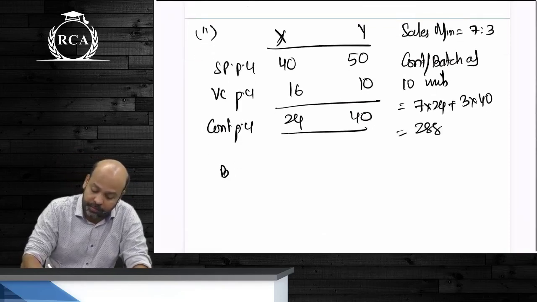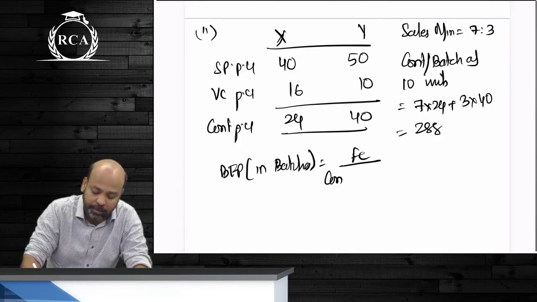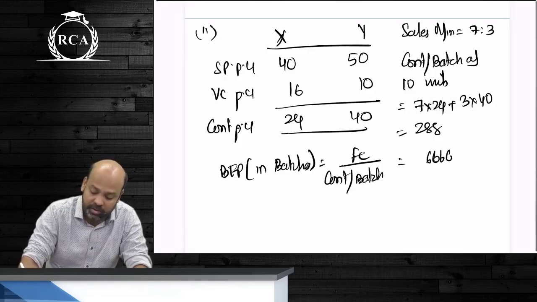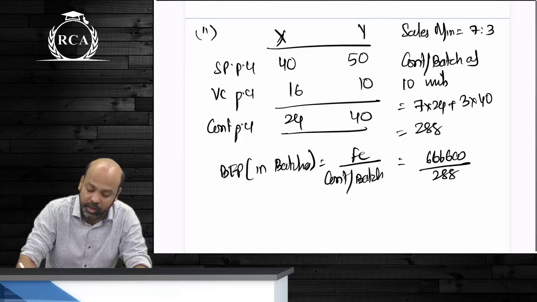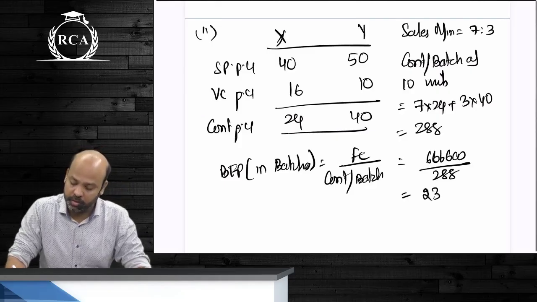Correct, guys? Your break-even point in batches will now be equal to fixed cost divided by contribution per batch. Our fixed cost is 6,66,600 divided by 288. That is 2,314.58 batches.